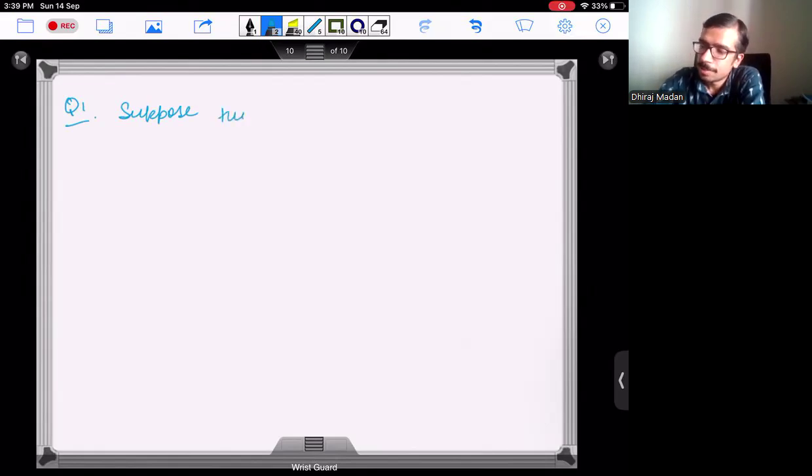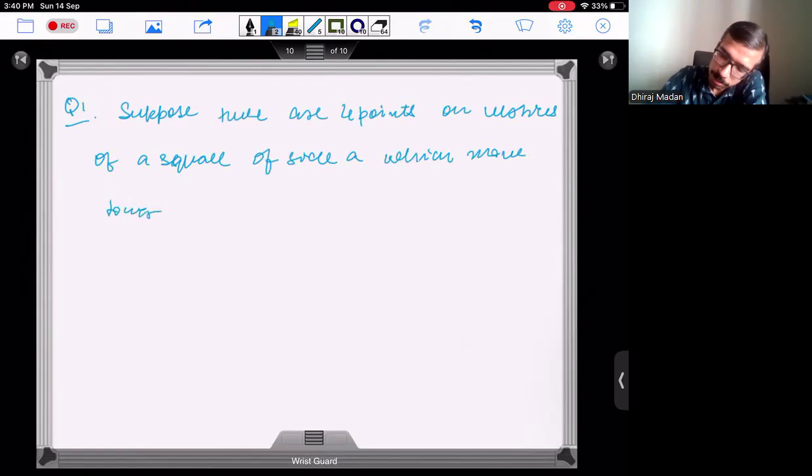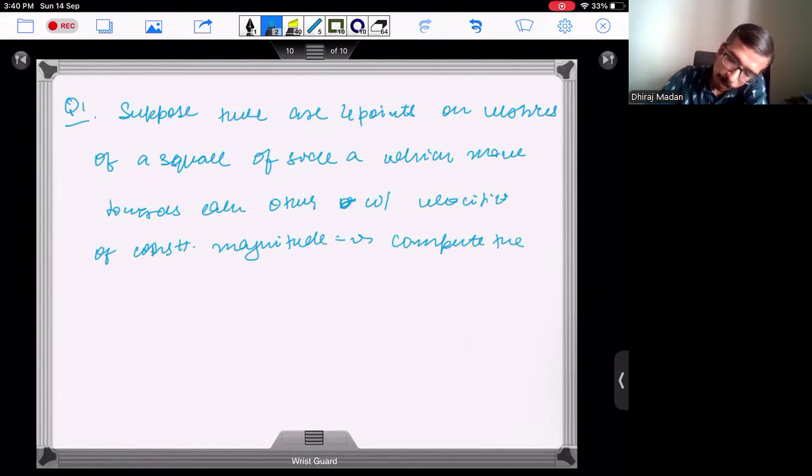Suppose there are 4 points on the vertices of a square of side a, which move towards each other with velocities of constant magnitude v, then compute the time to converge.